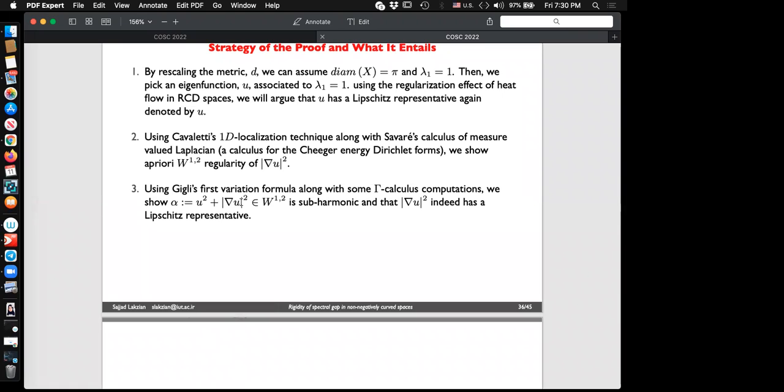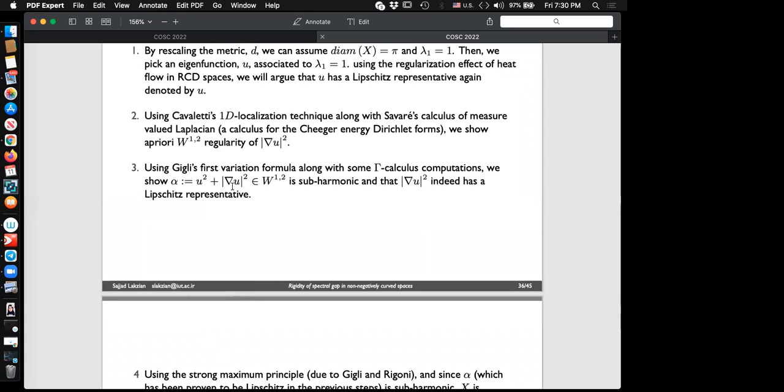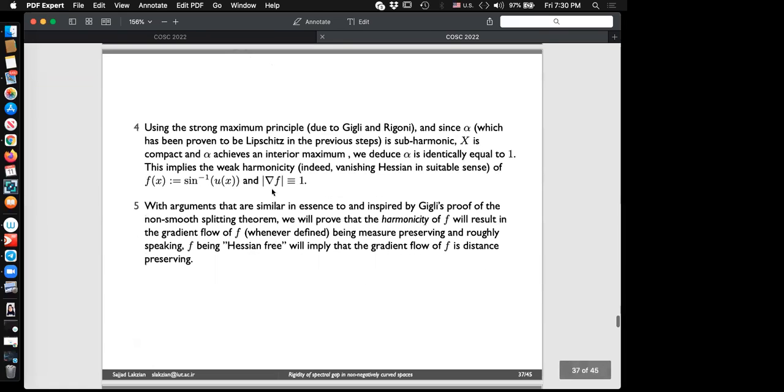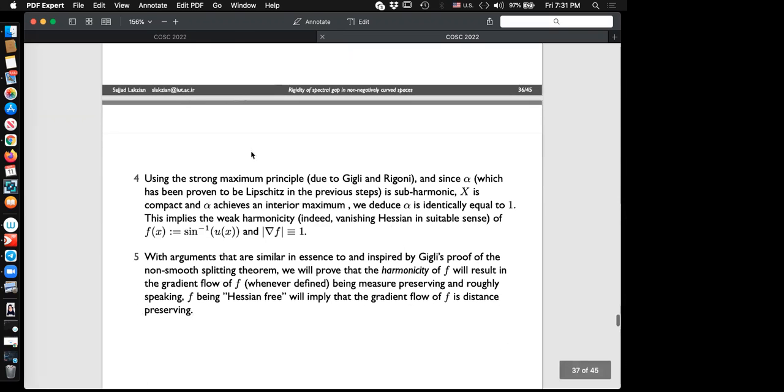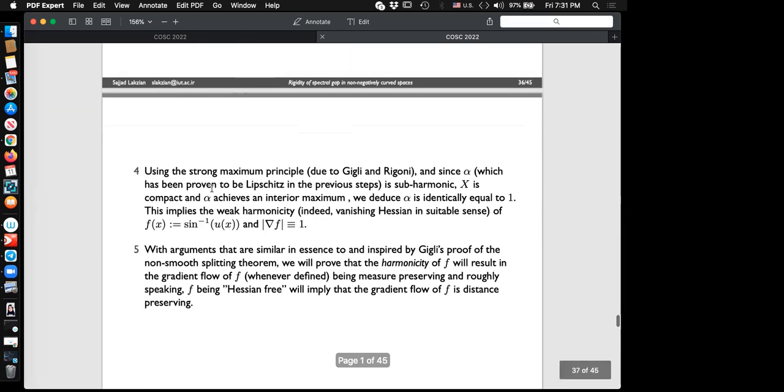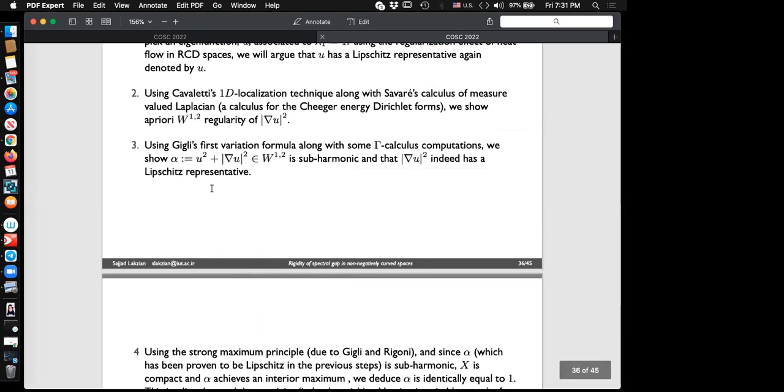So you have to show some regularity for the gradient of u squared. That's the hardest part, because without 1D localization, how would we show that this is Lipschitz or in the Sobolev space, to be able to work with it?